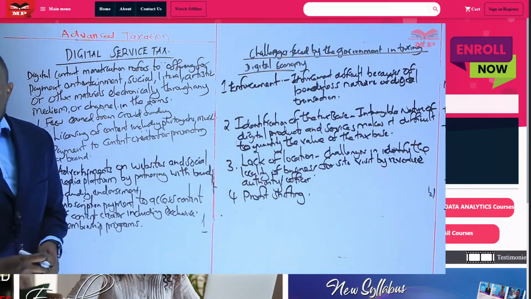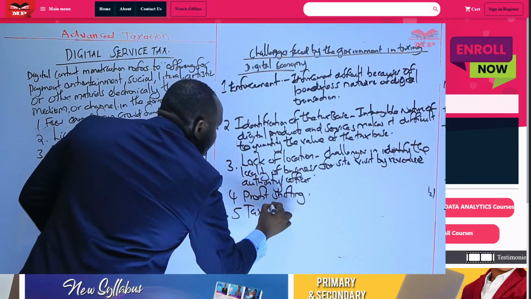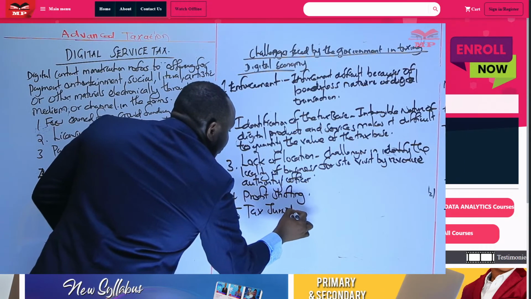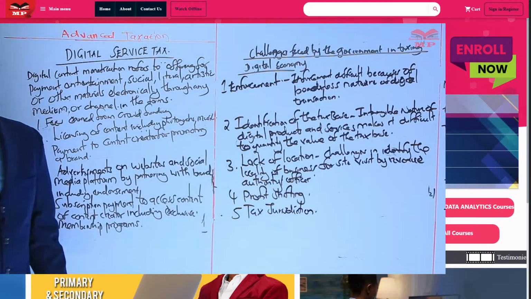And lastly, we have what we call tax jurisdiction, as the last challenge.